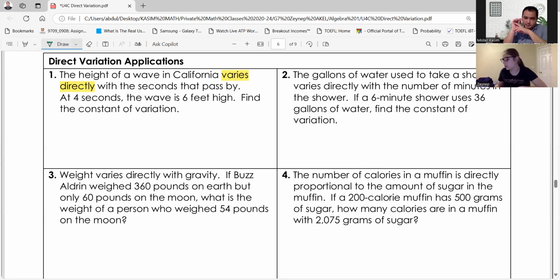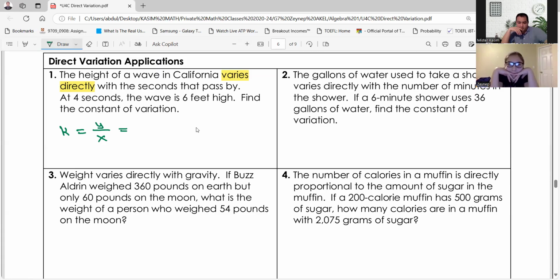We could do y equals k times x. So the k is equal to, from that equation, what is k? Y over x. So now here, what is y? The seconds. No, Zainab, no. Do you say seconds per feet or feet per second?